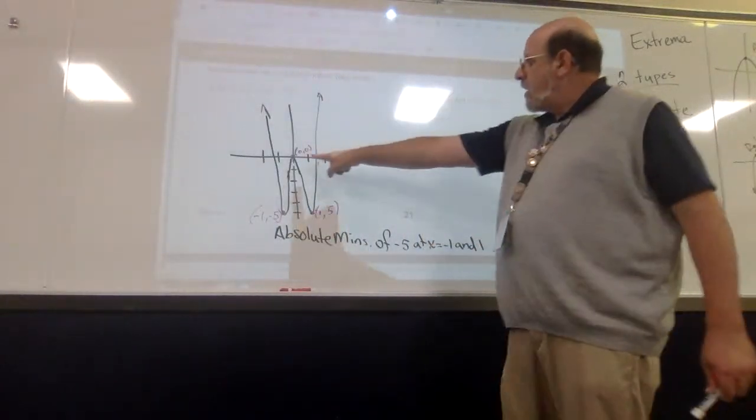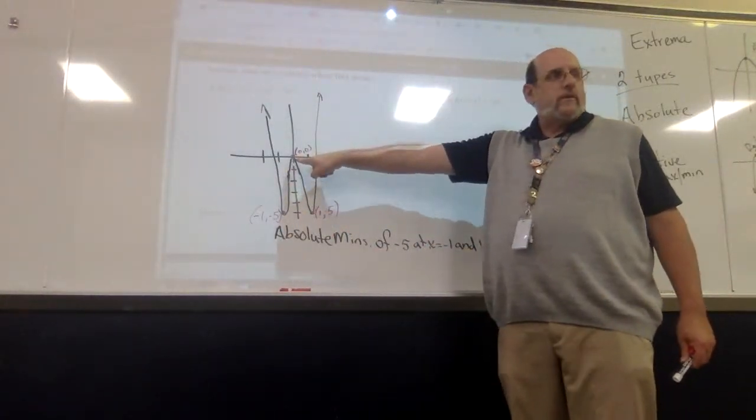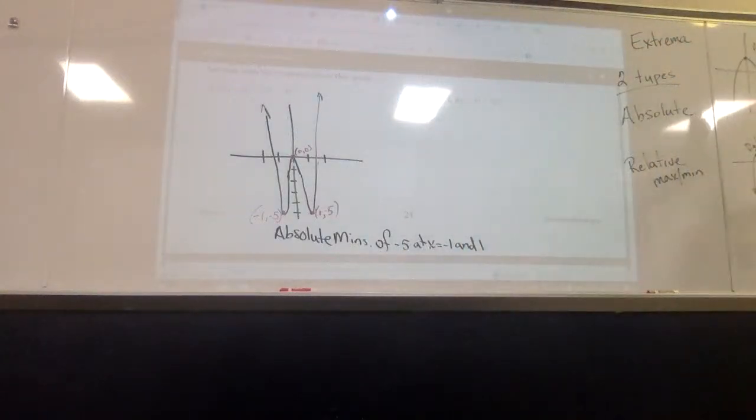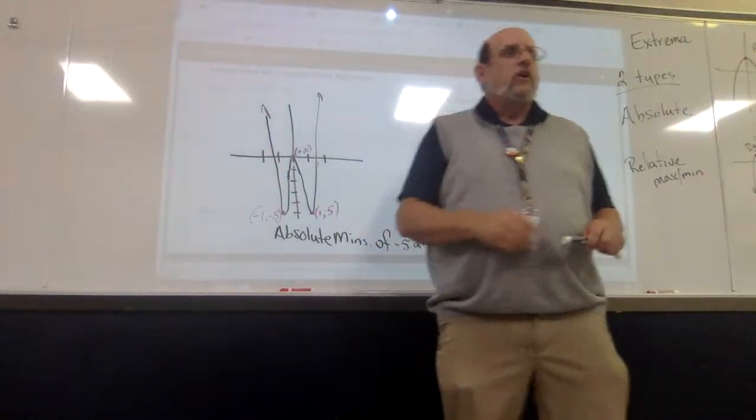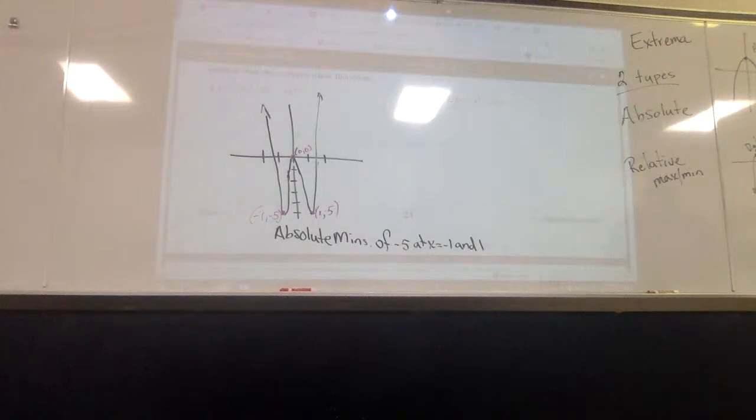Now, this maximum here, does the graph ever go above 0? Is there ever an output greater than 0 on this graph? Yeah, a bunch of them, right? Goes up infinitely. So would that be an absolute or a relative maximum? Relative.